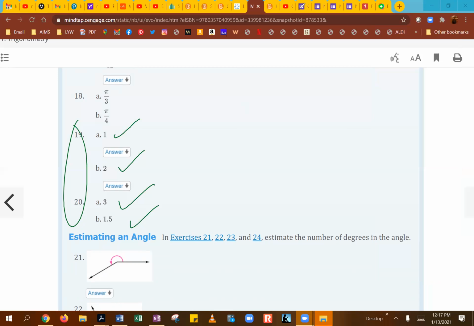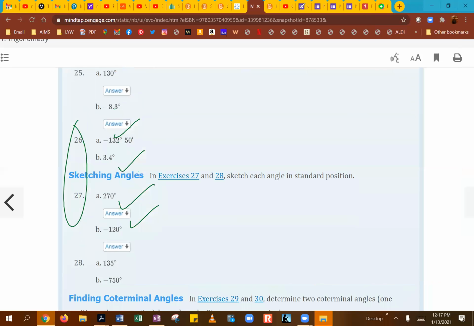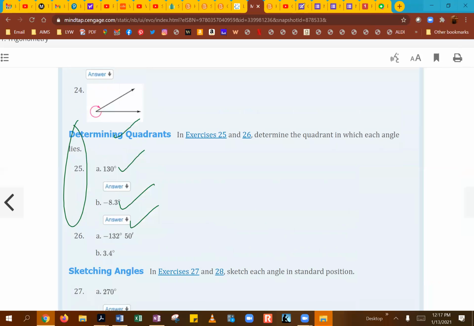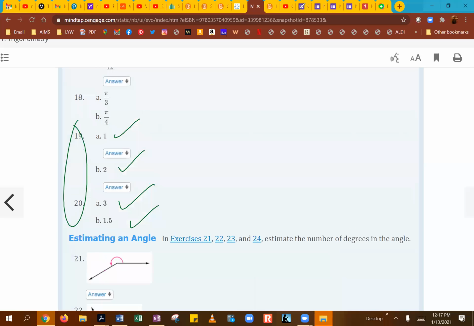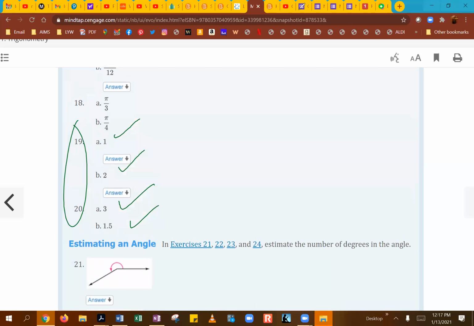Because if they were going to use degree measurements, you see how they actually put that little degree symbol next to the number. So that's how you know this is a degree. And when they're giving you just numbers with no degree symbol, this is actually still radians. So just be very, very careful about these kind of examples like 19 and 20 you have in there.